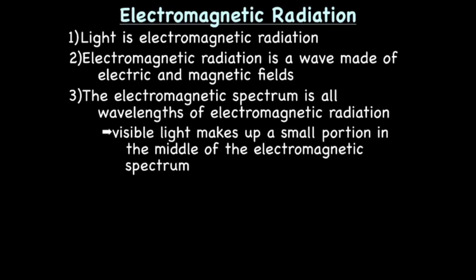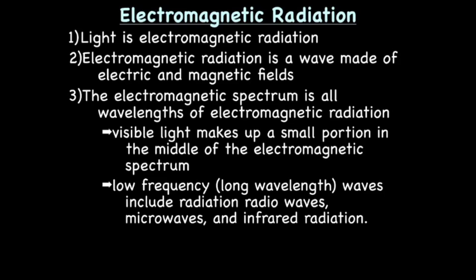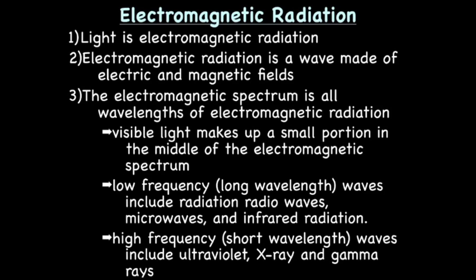Visible light, the stuff we can see, only makes up a small portion in the middle of the spectrum. Lower frequency, longer wavelength light than visible includes radio waves, microwaves, and infrared radiation, whereas higher frequency, shorter wavelength light than visible includes ultraviolet, X-rays, and gamma rays.